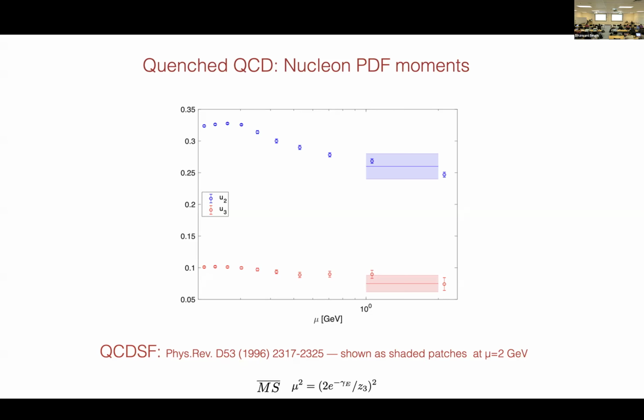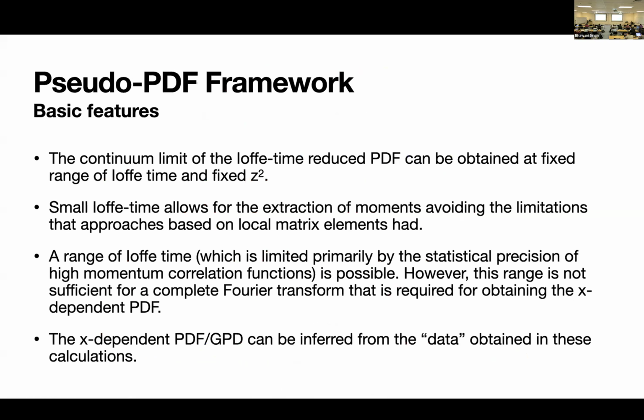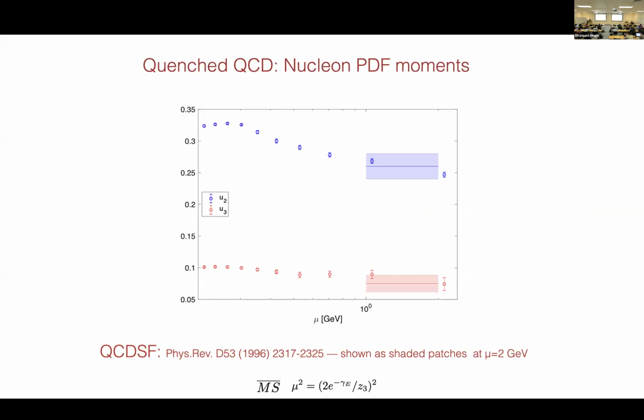And you get a lattice calculation, as a function of the scale nu, of the moments extracted by the pseudo PDF approach, and you see these points converging to the result of the QCDSF. This means that the computation I did on the lattice with this new method and the computation done with the old method, calculating the matrix elements of the twist 2 operators directly, are the same.